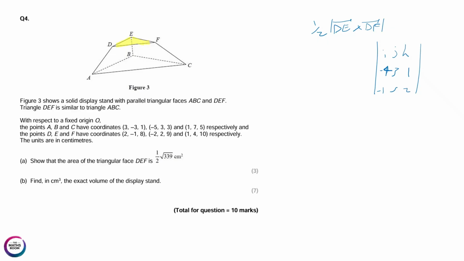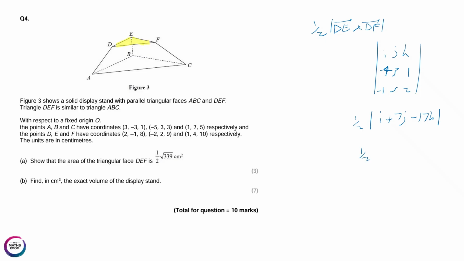Right, so what is that then? I think 6 minus 5 is just i. The j is going to be, let's check this, it looks like minus 7j. And then k is looking like minus 17k. Okay, so we're doing half of the magnitude of that.